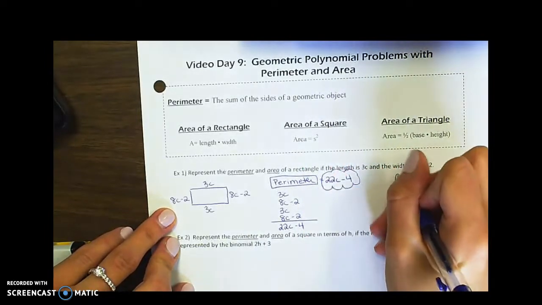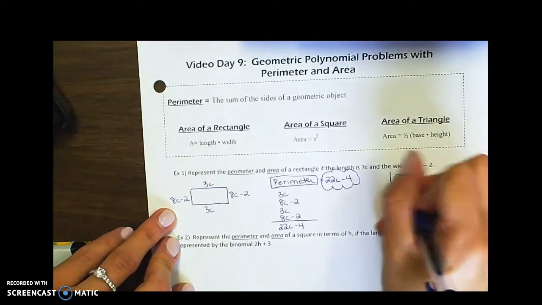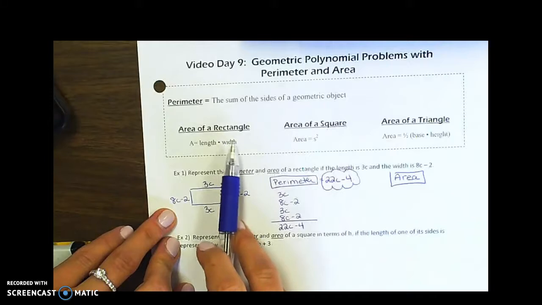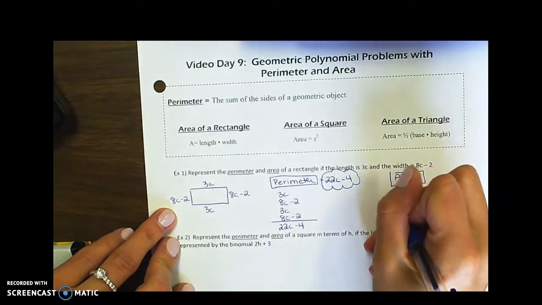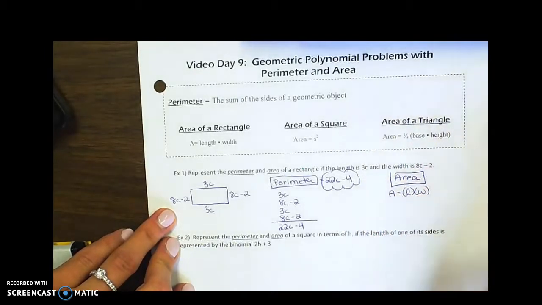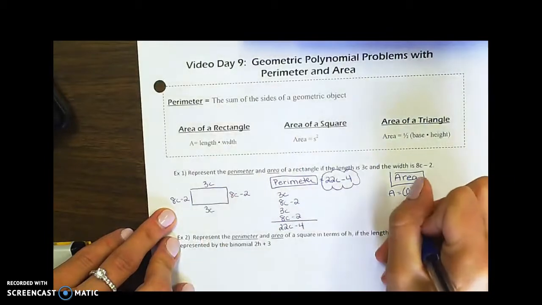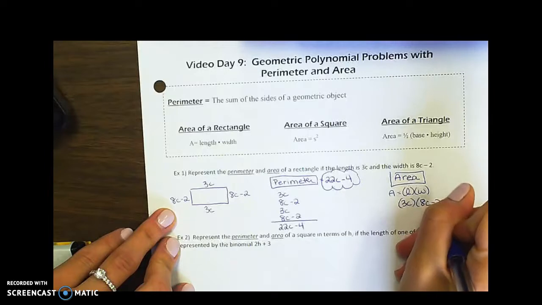Next up, we need to find the area. For the area, we need to look carefully for which formula we're going to use. This is a rectangle, so that's length times width. So area equals length times width. That means we're going to have 3c times 8c minus 2.